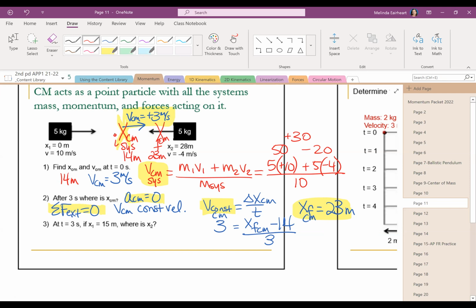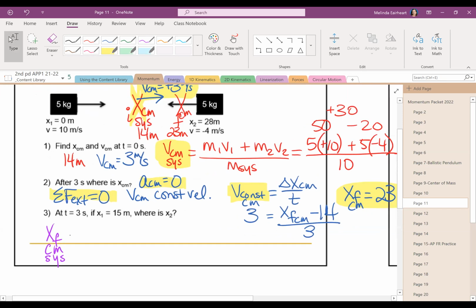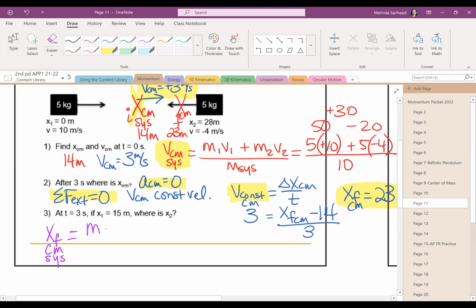And so, using our system center of mass that we now know its final position, and I'm just putting some f's on it, the final position of the center of mass for your system equals m1, and technically, oh, I'm sorry, x1. And these are final, x1 final. There we go.